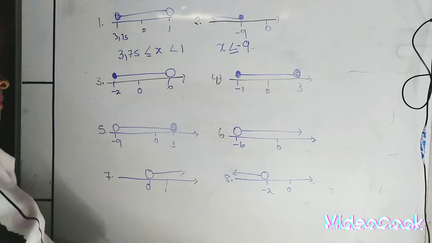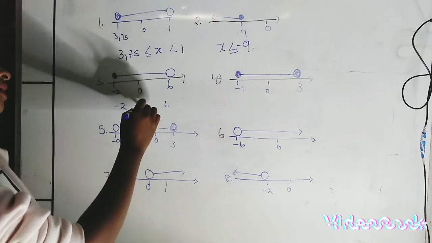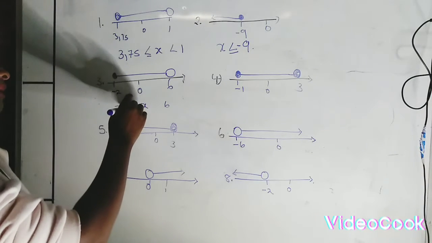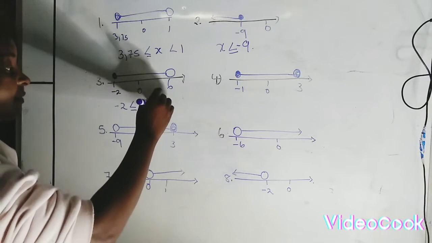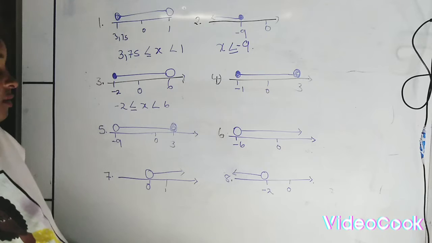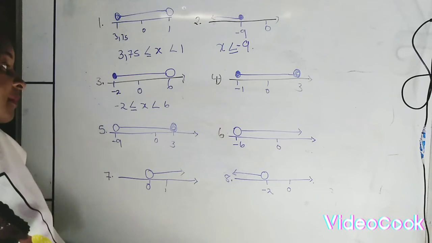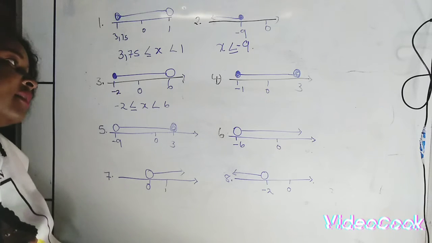And then on question number 3, we are moving from a -2 to a 6. Then you write your x in the middle. Your x values, they are greater or equal to -2, but then at the same time they are less than what? 6. So they will range from -2 to a 5 or a 5 point something, not going up to 6, right? What about number 4?